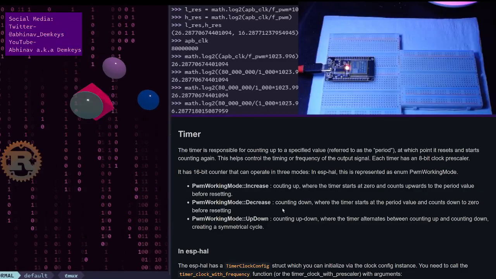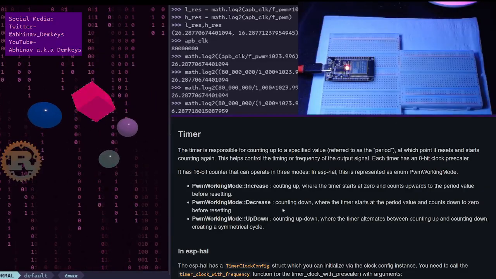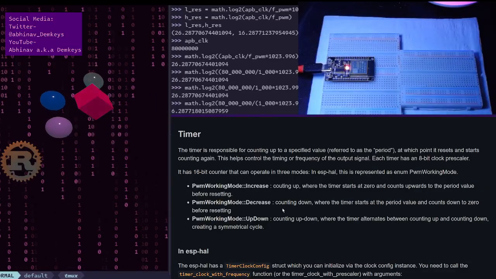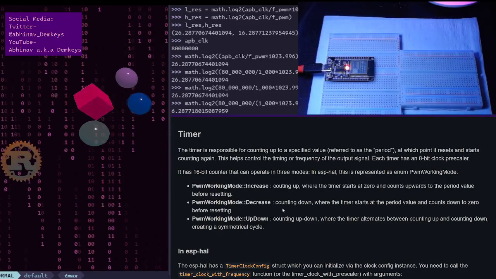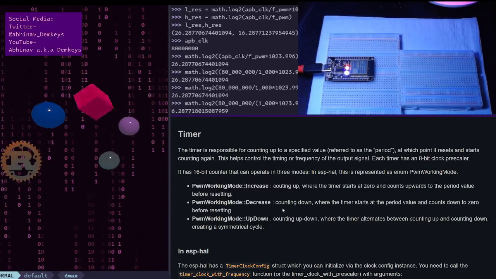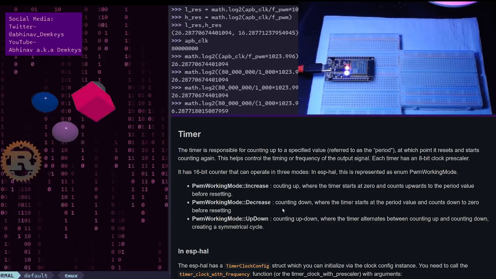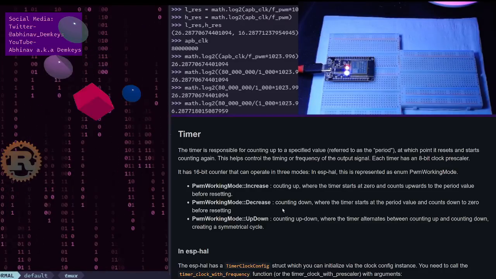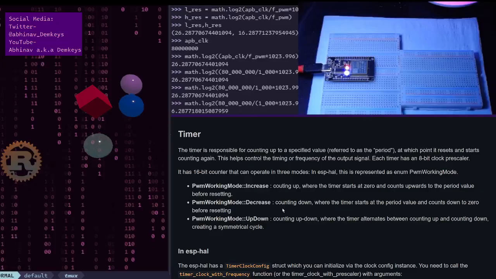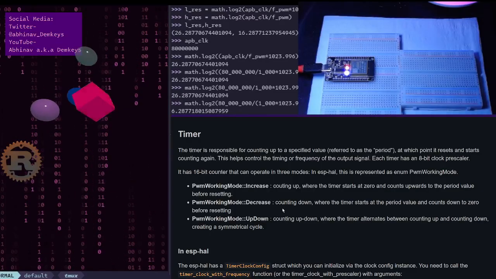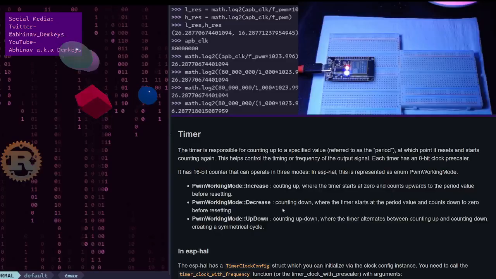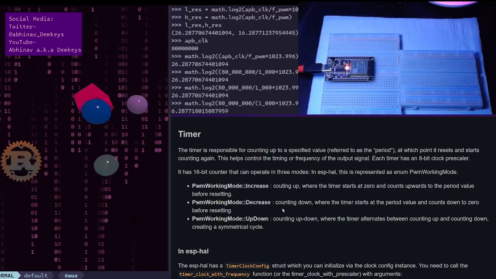There's increase, which is counting up, where the timer starts at 0 and counts upwards to the period value before resetting. There's decrease mode, where the counter starts at the period value and counts down to 0 before resetting. And there's up-down, where the timer alternates between counting up and counting down, creating a symmetrical cycle.